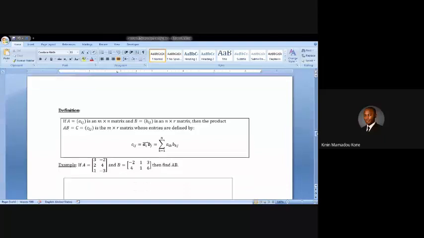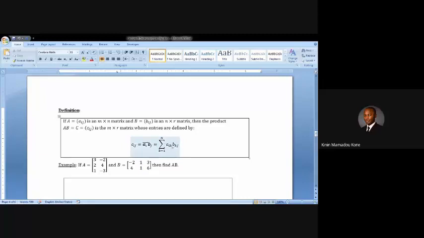So let's look at the definition. If A, with entries A sub ij, is an m by n matrix, and B, with entries B sub ij, is an n by r matrix, then the product AB is the m by r matrix whose entries are defined by C sub ij equals the row vector of A times the column vector of B, such that we have a sum moving across the row of the first matrix and at the same time going down the column of the second matrix.